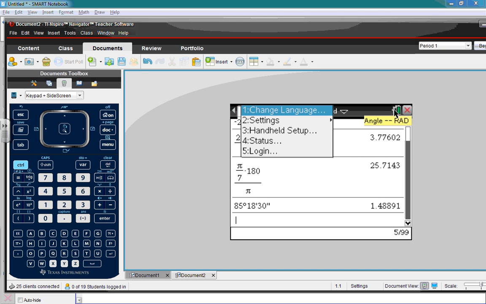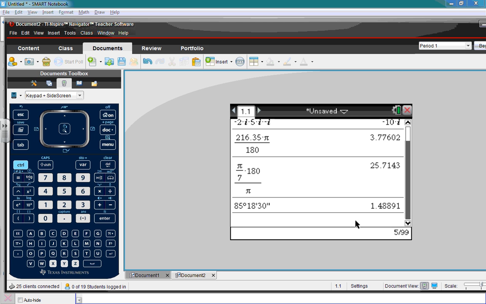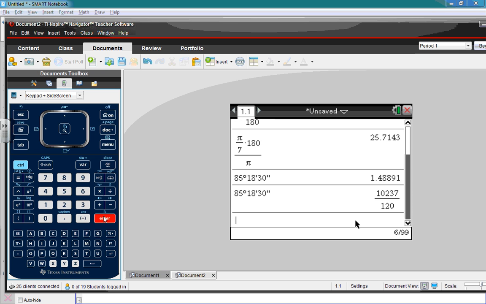Whose calculator was in degree mode just now? What did you get? 85.3. Now, this is the decimal in radian mode. If I go to settings, go to general, change this to degree mode and hit OK, and come back up here and hit enter, it's going to give me this fraction.